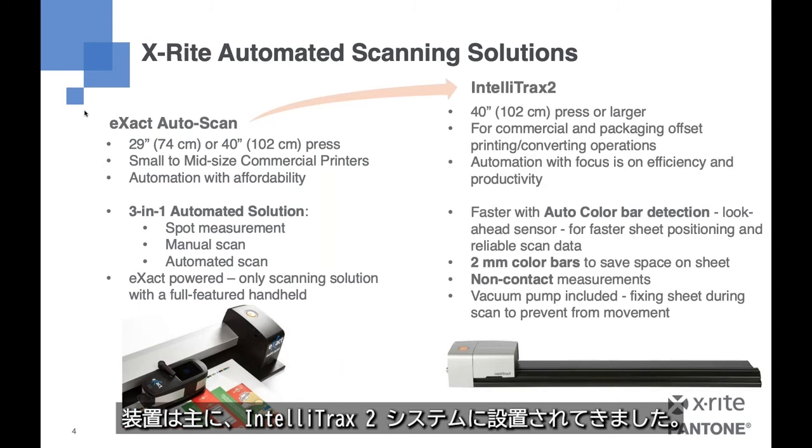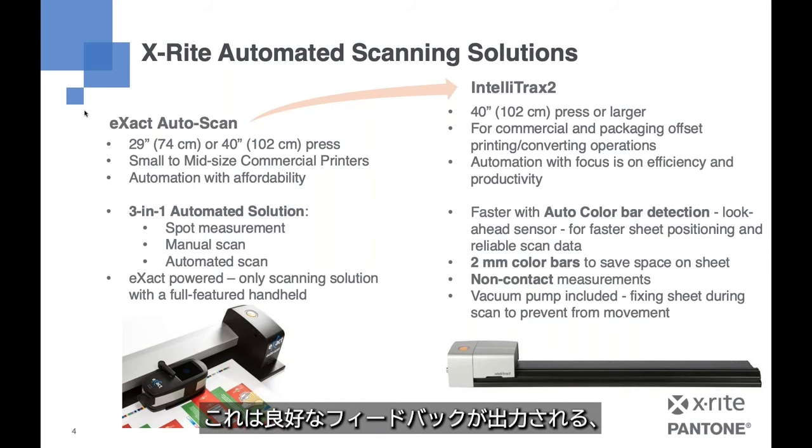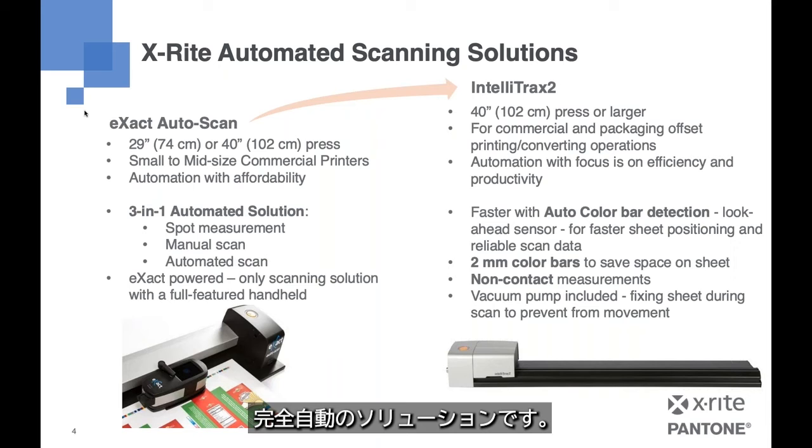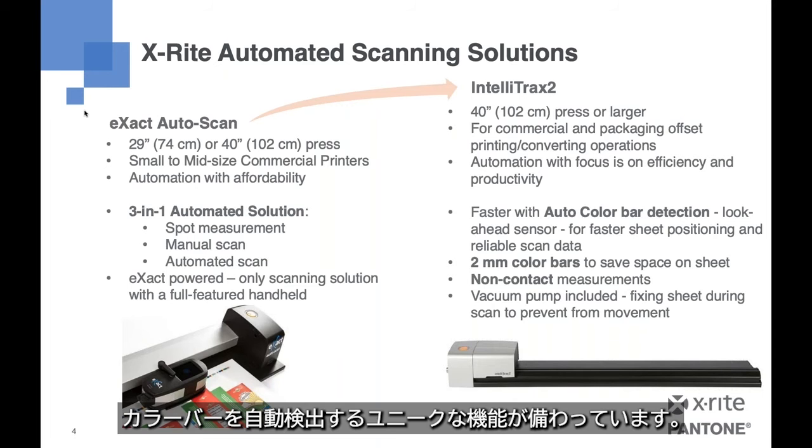And then besides that, for many years, and probably the instrument with the biggest installed base, is the IntelliTrax 2 system, where we get a lot of very good feedback. This is the fully automated solution, and the focus with this one is on efficiency and productivity. It has special features like automated color bar detection.